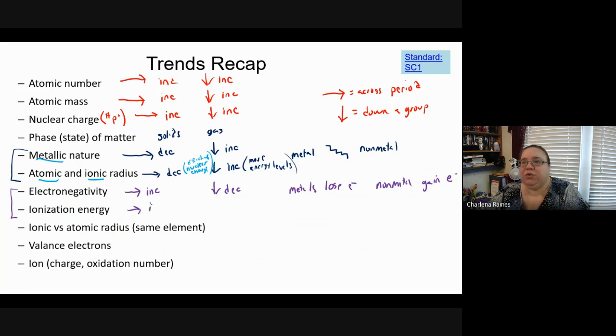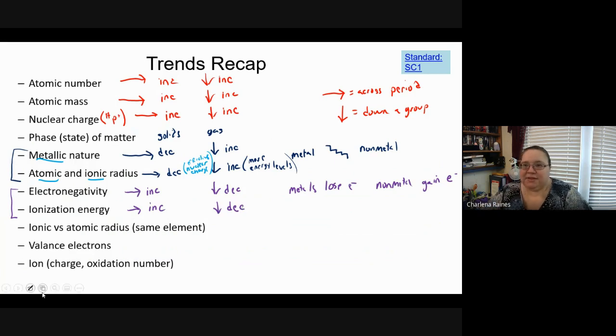We can see a general increase in ionization energy as we go across. And we can see a decrease in ionization energy as we go down. It is easier to steal electrons from our larger elements. It takes less energy to take an electron from the 6th energy level than it does the 2nd. Considerably less energy.